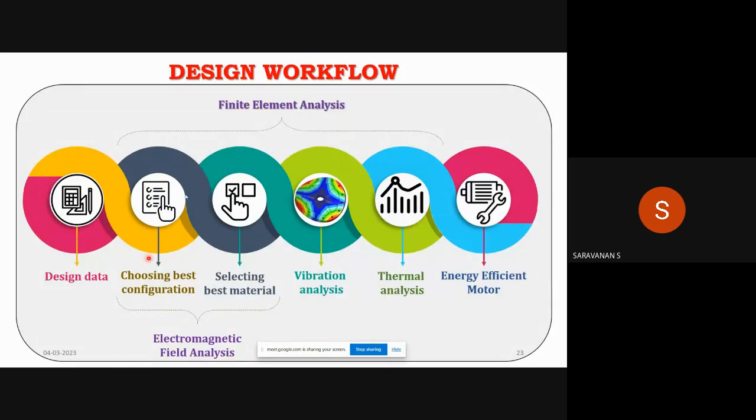First one, choosing the best configuration. So if you take BLDC motor, there are two configurations: one is a hub type of motor and outer rotor configuration, and the inner rotor configuration. In inner rotor configuration also, there are many types of configurations, like position of permanent magnet and all.